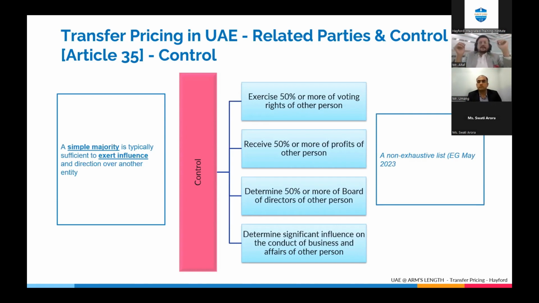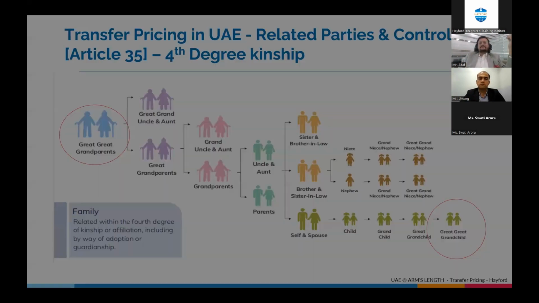If some management company has been appointed for a particular type of business, and through a covenant, it has been very strictly written that this entity is going to exercise absolute control on the other entity, that is a very strong evidence or basis to say that this management company, even though it does not hold that 50% shares or 50% voting rights or appointment right, it still has that capacity to exercise control over this other entity. So that is how these are the various types of control. We can go to the next slide.